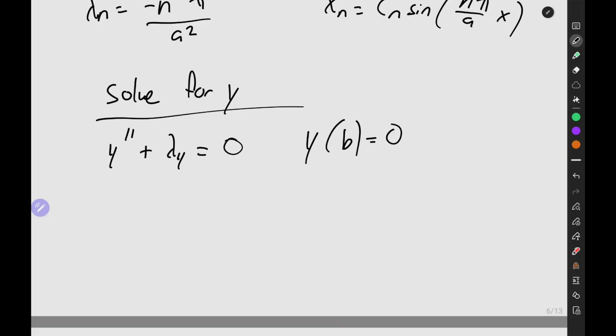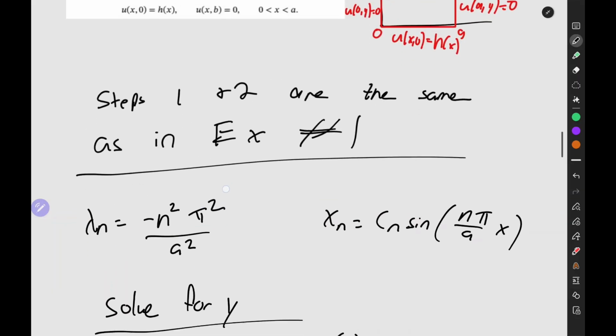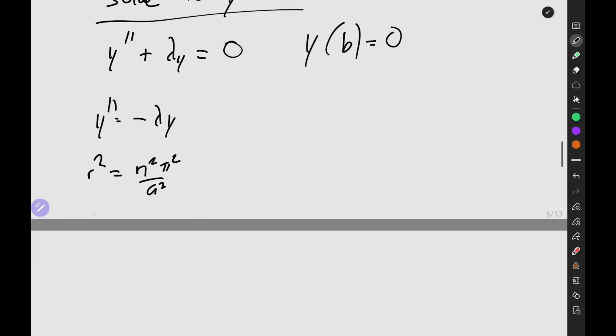Let's go ahead and solve it. This will go over, become negative. We're left with, plug that in, n squared pi squared over a squared.